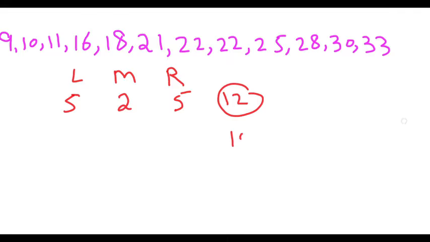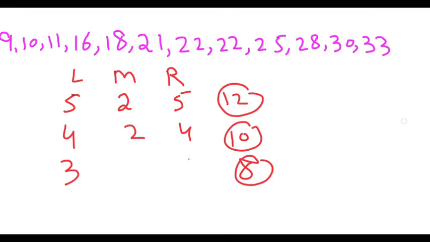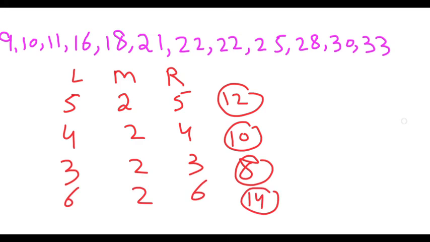So if you got 10 values, then 4 left, 4 right, 2 in the middle. If you got 8 values, 3 left, 3 right, 2 in the middle. If you got 14 values, 6 left, 6 right, 2 in the middle. So that's how you do even number median.